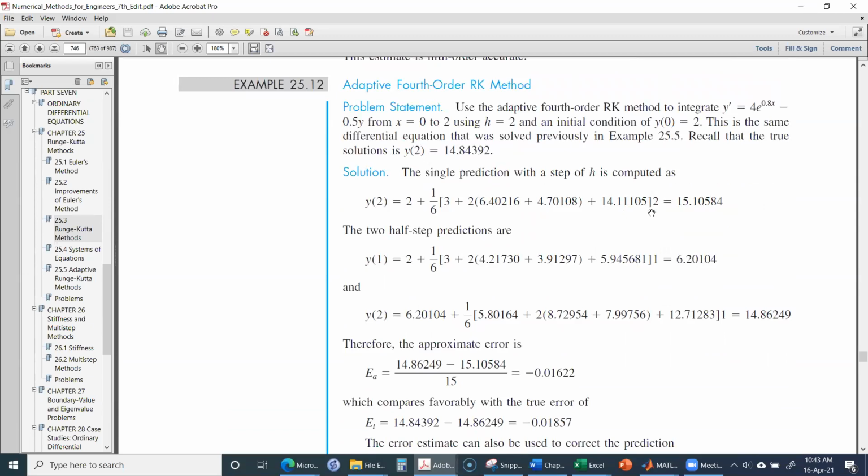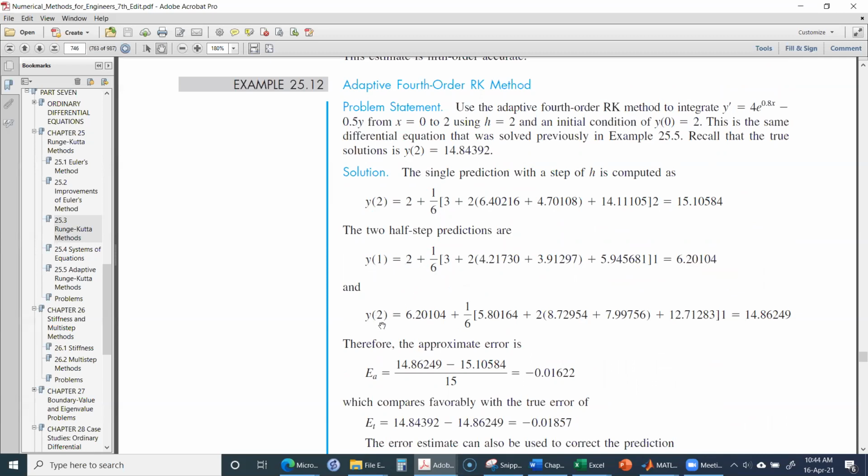For the full step size, we found this value, 15.1. If we take the half step sizes, in the first step we find 6.2, which is the value of y at x equals 1.